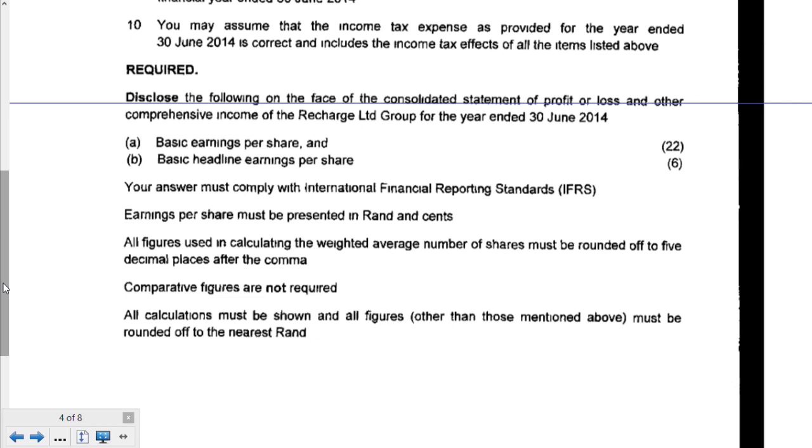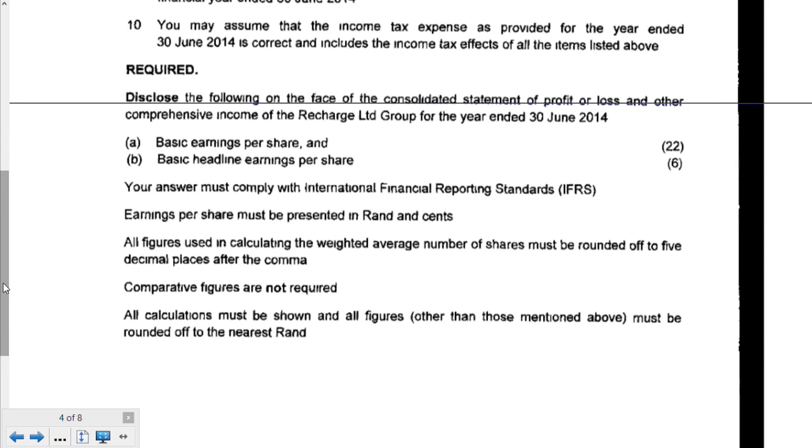Although it says employee benefits, it looks like we have to do a calc on employee benefits, adjust the profit, and then use that profit to work out the earnings per share, because this is the required. Basic earnings per share, 22 marks. Basic headline earnings per share, 6 marks. So no dilution, just a basic.